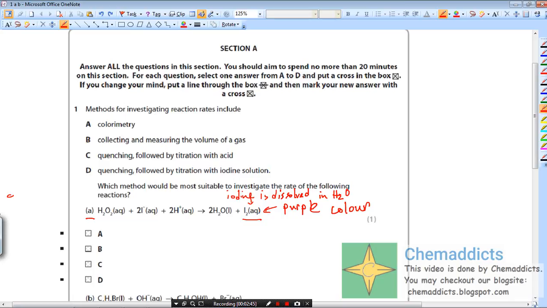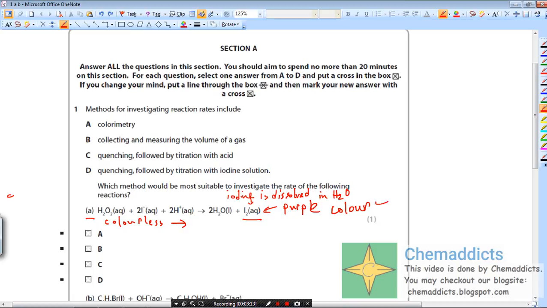As you can see, the color of the solution would turn from colorless initially into purple color. So here a color change can be observed.